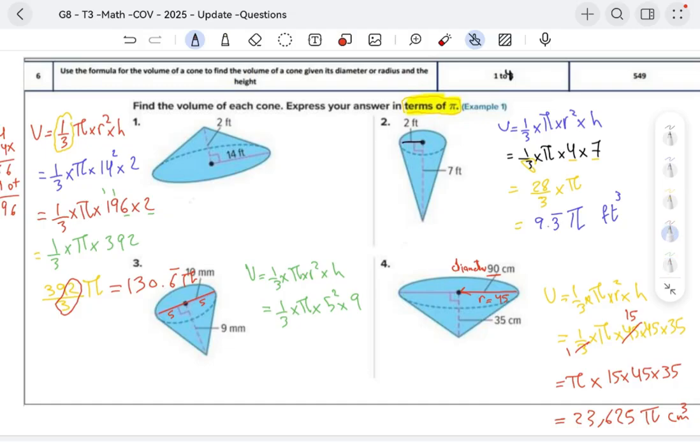Okay, now you can simplify. Divide this by 3, gives us 1. Divide this by 3, gives us 3. And 5 squared is 5 times 5, which is 25. So now we have pi times 25 times 3. 3 times 25 is 75 pi, and the unit is millimeter cubed.